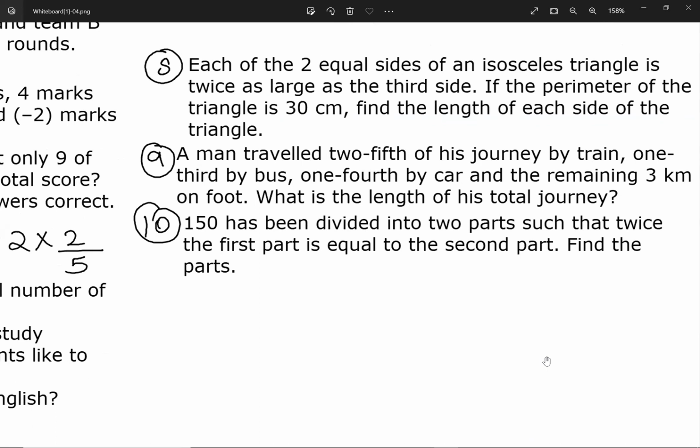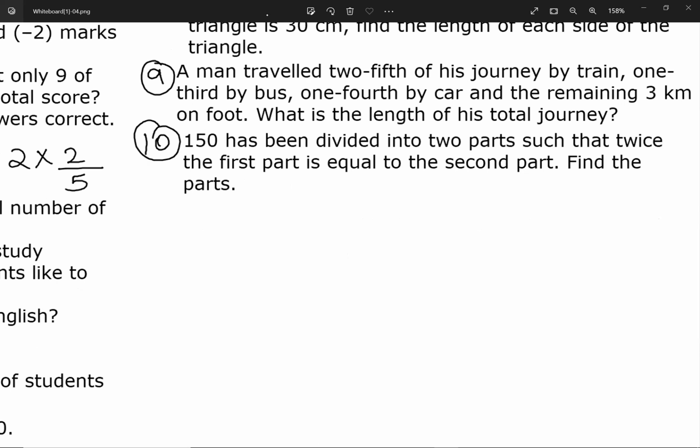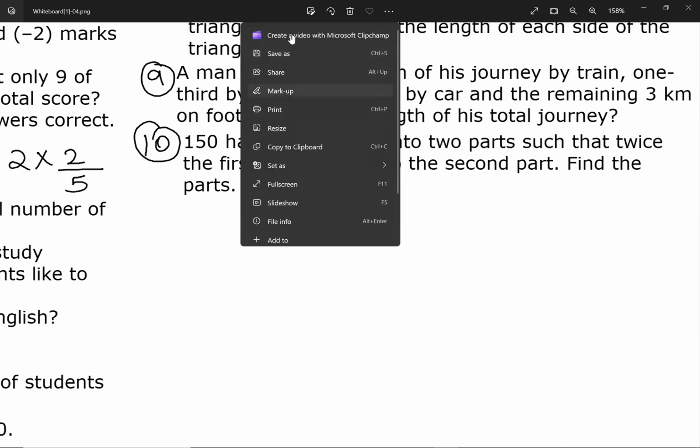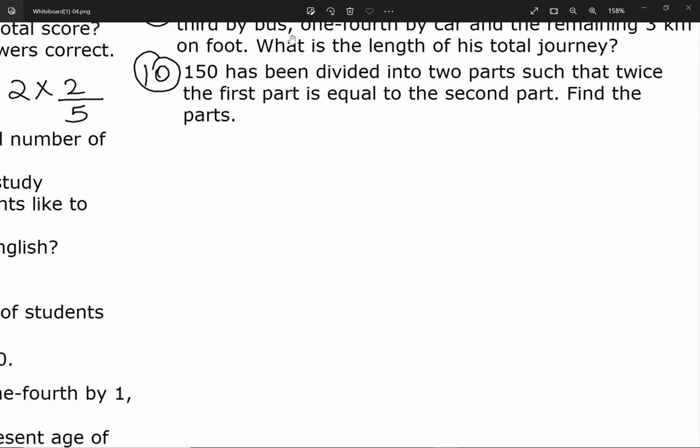Did you solve it? No, it's still confusing. Like I understood. Okay, let's do it then. Don't worry.